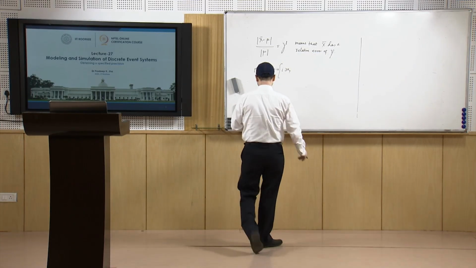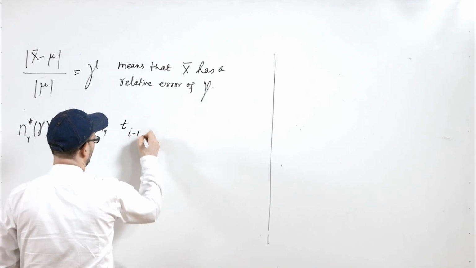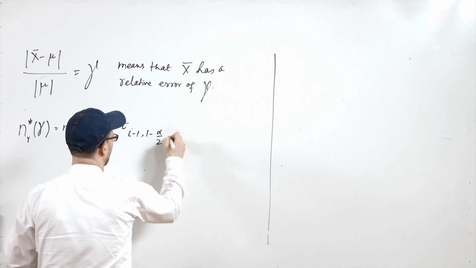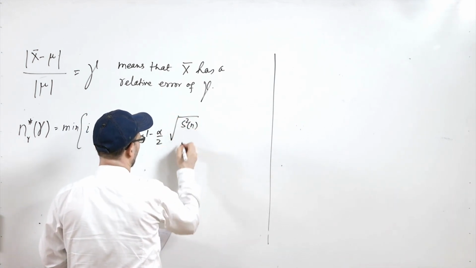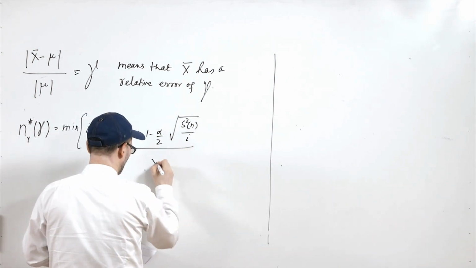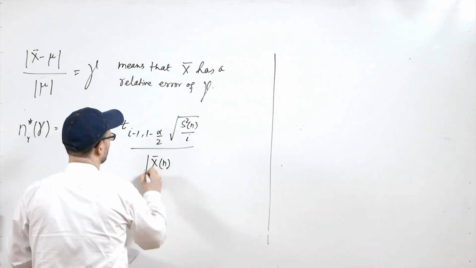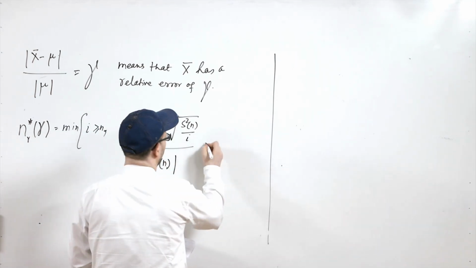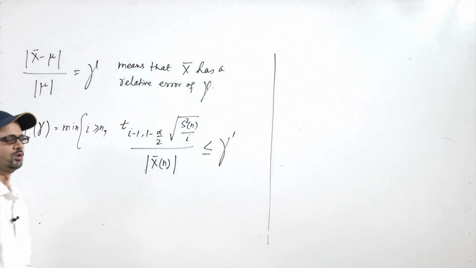So, that is why the expression comes like this: t_{i-1, 1-alpha/2} times the square root of s squared n by i, and again divided by x bar n, this will be less than or equal to gamma prime.